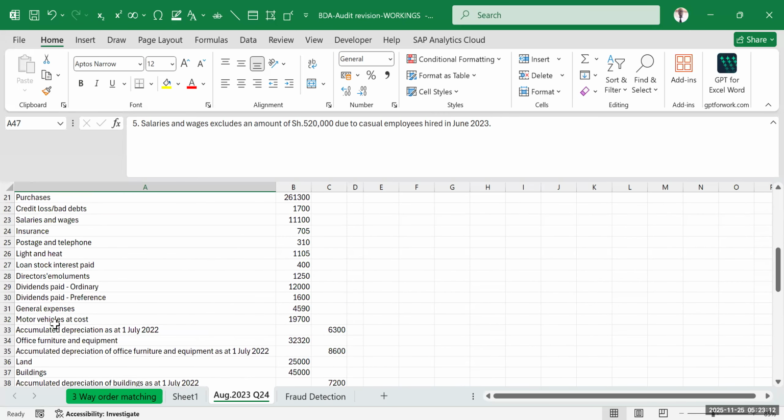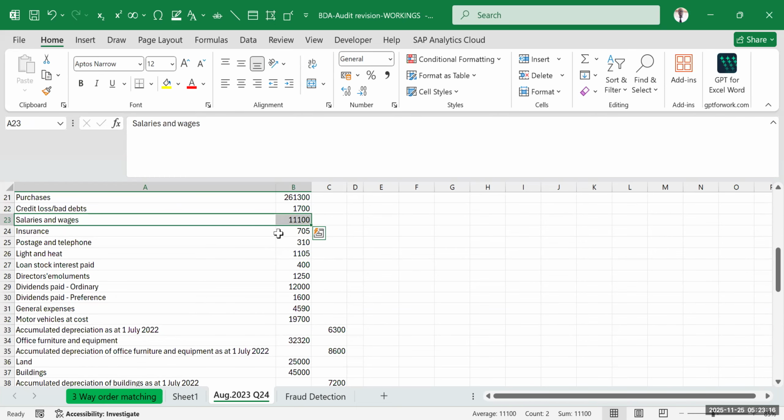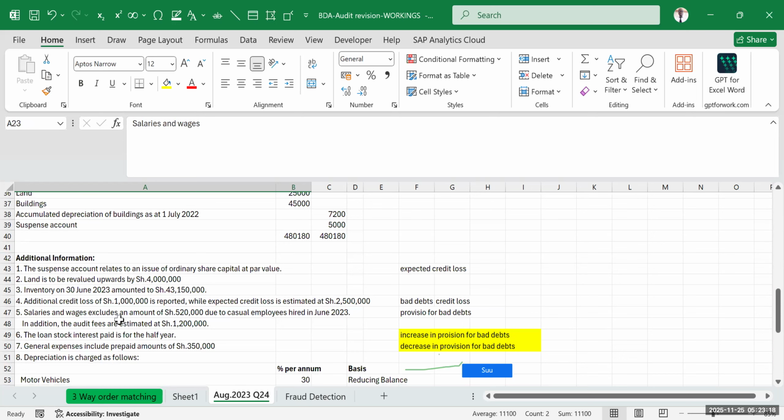I'm looking for that salaries and wages. I'm just trying to peruse through and I can see it here. So this figure does not contain this amount of 520,000, which is owed to these casual employees. Then, in addition, the audit fee is estimated to be 1.2 million.